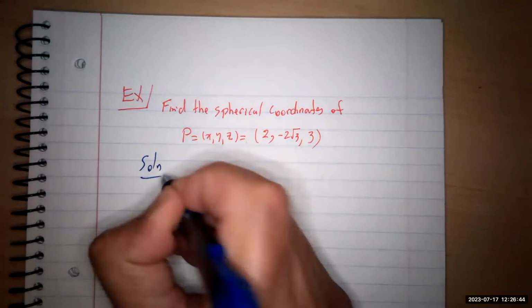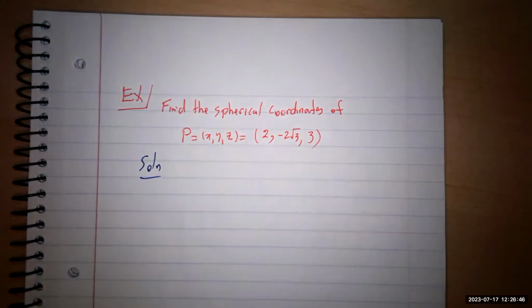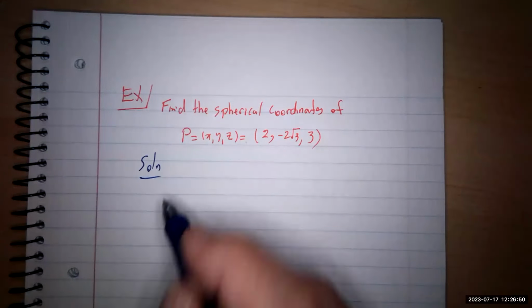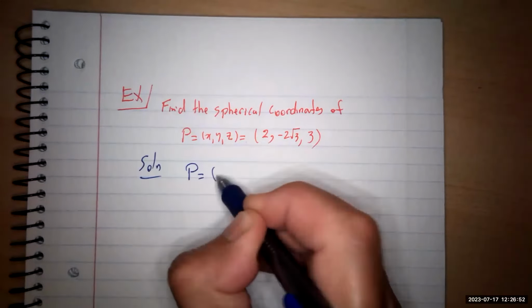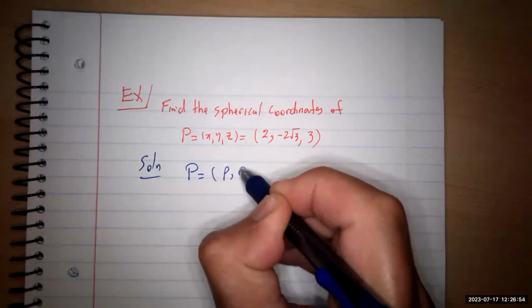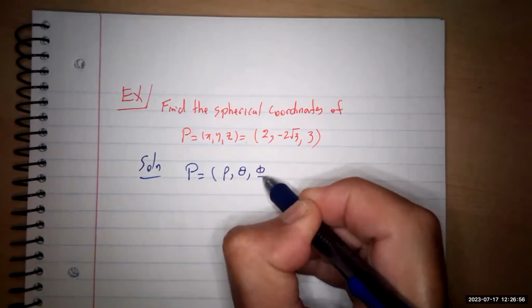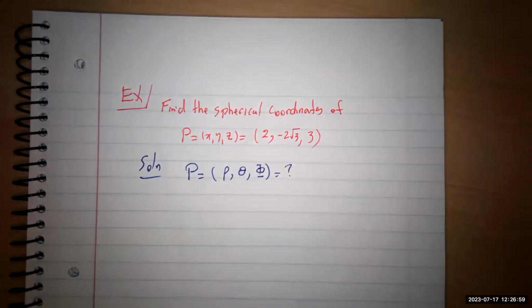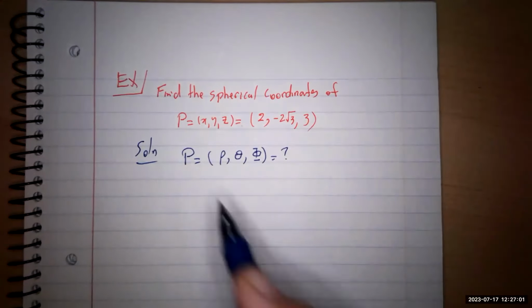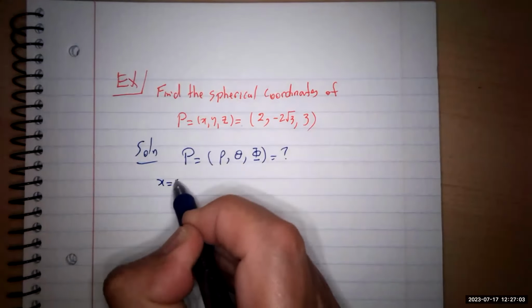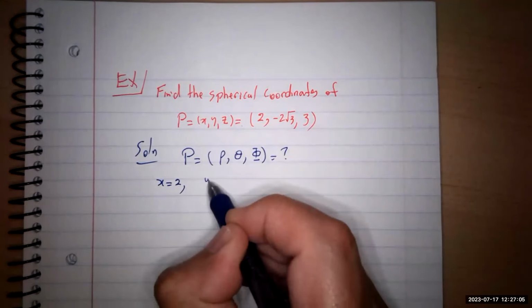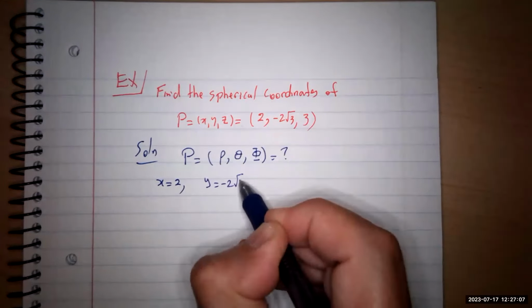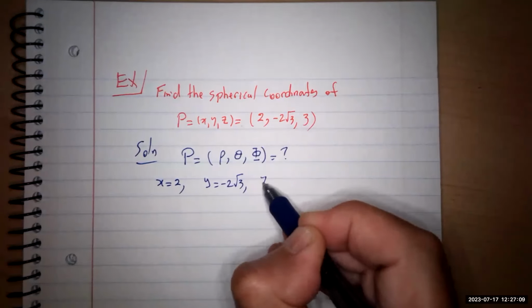Solution. Just remind yourself, you have to find the rho, theta, and phi. This is the information that you have: x is equal to 2, y is equal to negative 2 radical 3, and z is equal to 3.